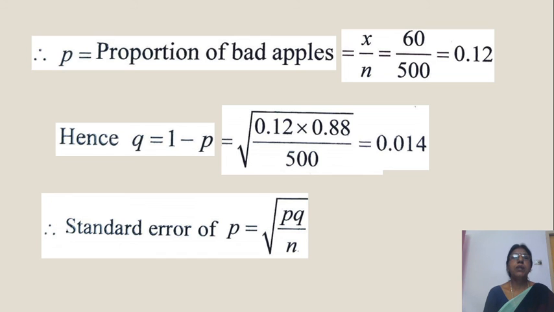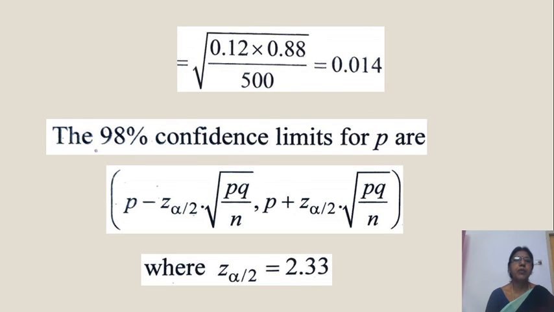Now Q is equal to 1 minus P, which is 0.88. Here observe capital P, small p. The standard error in P is root of PQ by N.